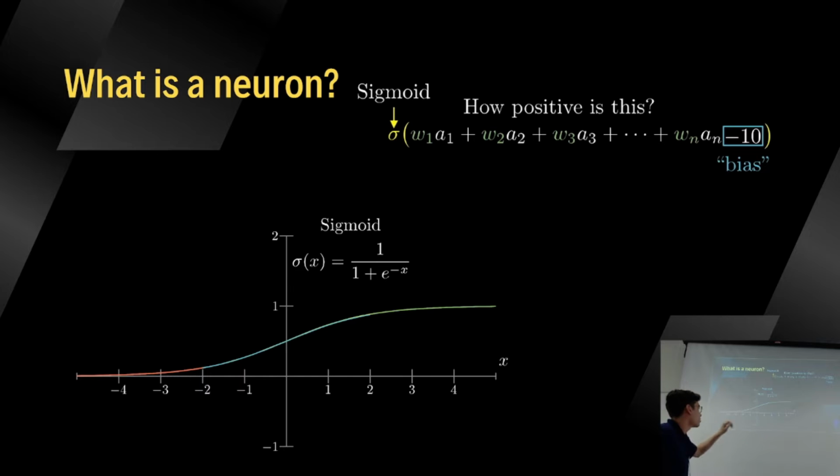This is a common activation function called sigmoid. Here is the equation of the sigmoid. If your number is really negative, the output of the sigmoid is going to be really close to 0. And if the input is a really positive number, the output is going to be close to 1.